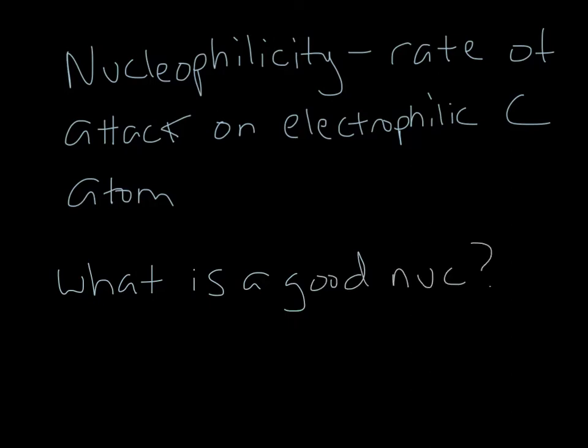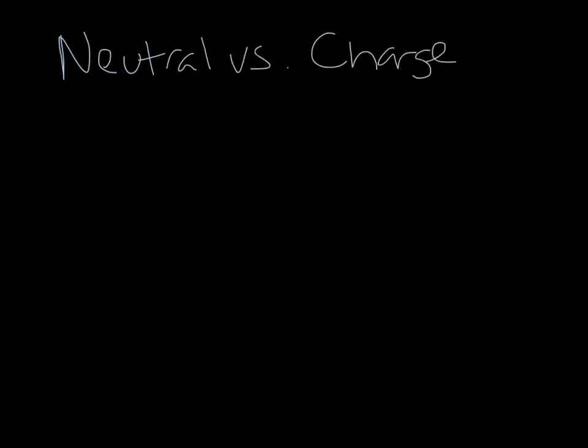And we're going to break it down into different factors that can influence that. The first thing we'll look at is whether a species is neutral versus having a charge. So we're going to have to look at analogous systems here, but we can look at hydroxide versus H2O, and then anything analogous to that.